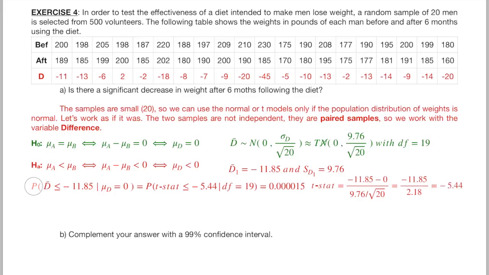What's the probability of observing an average difference of negative 11.85 or less than negative 11.85 if the average difference in the population is 0? In other words, what's the probability of a t-stat less than or equal to negative 5.44 if we work with 19 degrees of freedom?